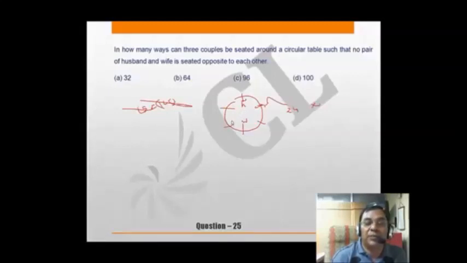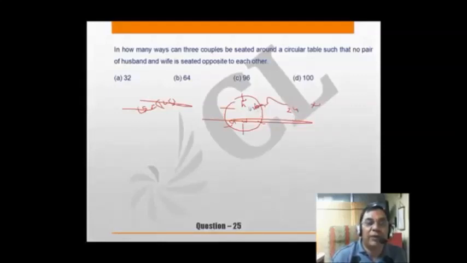One more husband wife I fix it. So if I take 3 factorial, if 2 I fix it, then anyway it becomes there. So therefore 2 into 4. Okay, now I got it.